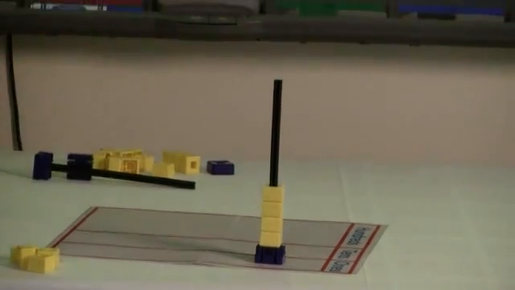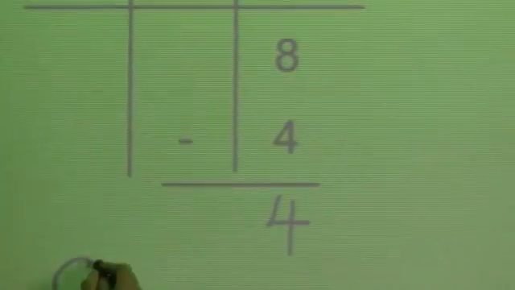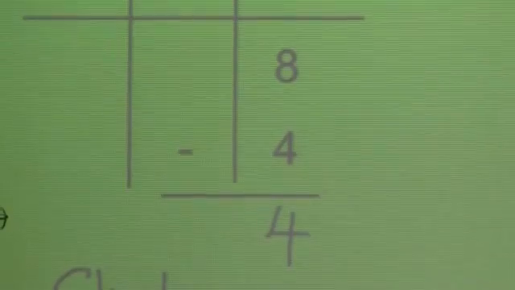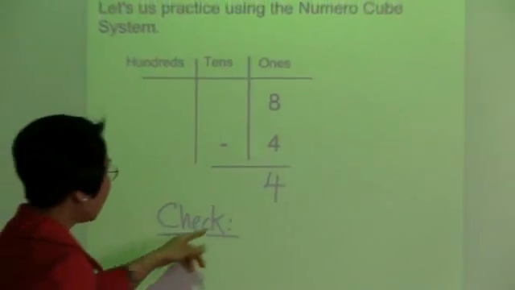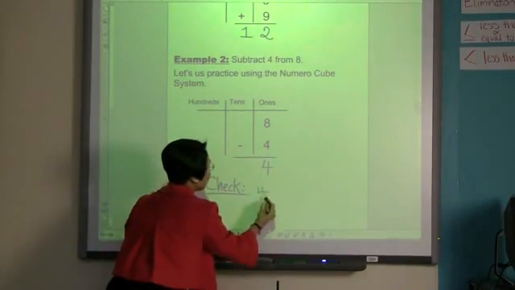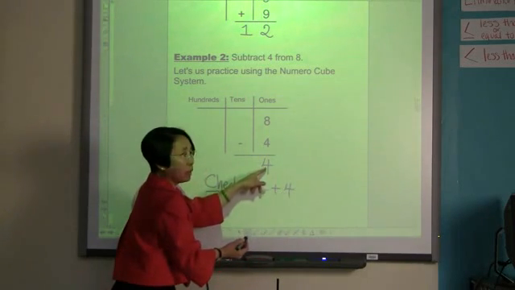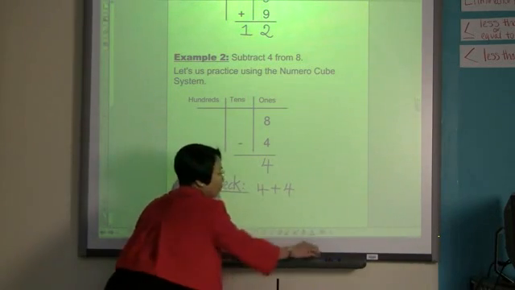How do I know this is correct? One way I can do is to check. Okay, so I'm going to write check down here. To check, what I can do is I take this 4 right there, and I'm going to add to it the 4 that I took away.